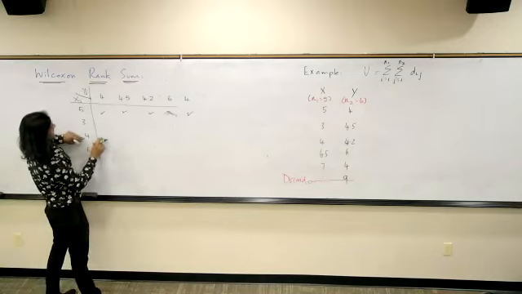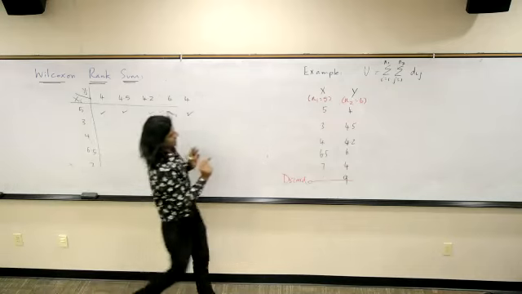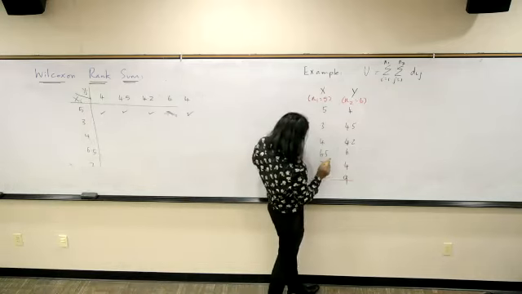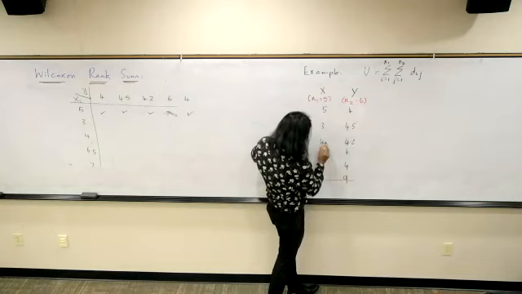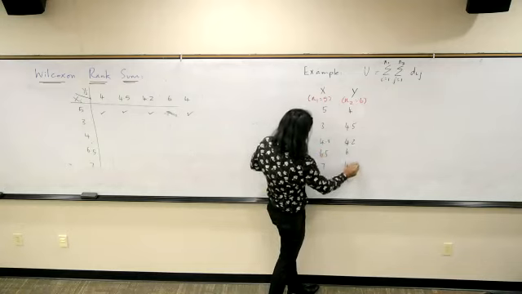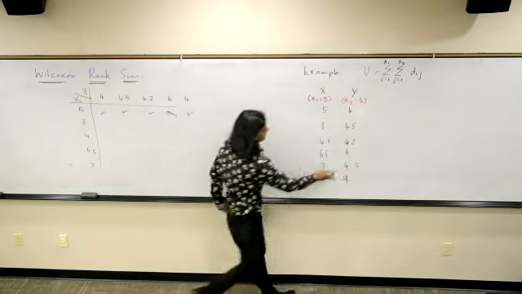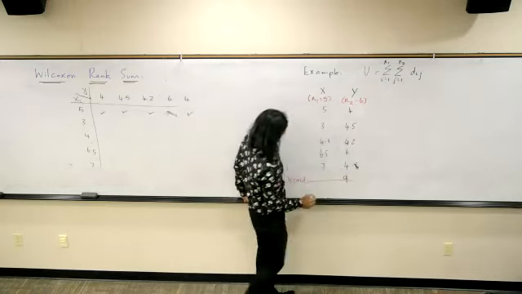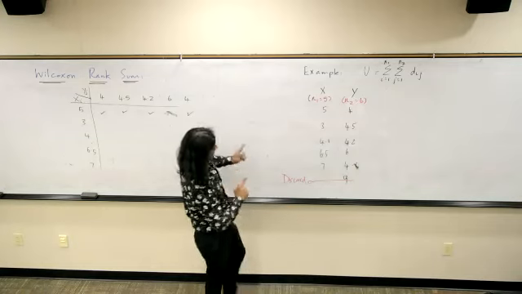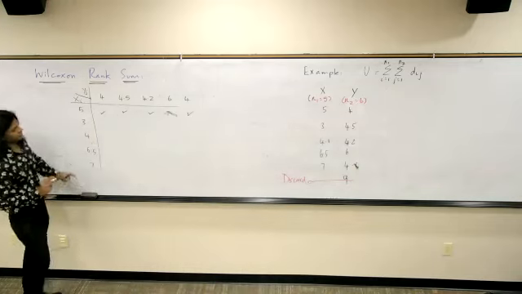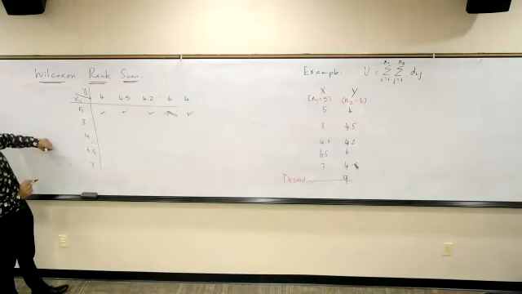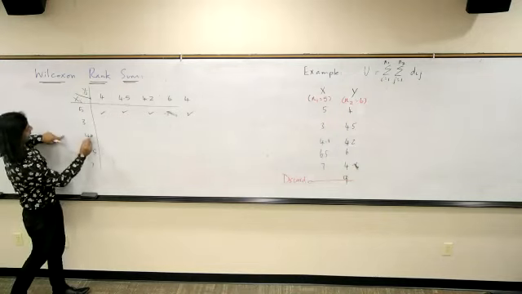There is a tie. I don't want a tie. I'll tell you what, I'll make that 4.1. I'll make that 4.5. Oh, no, 4.6. This way, there are no tied observations. I'll explain why that's important.